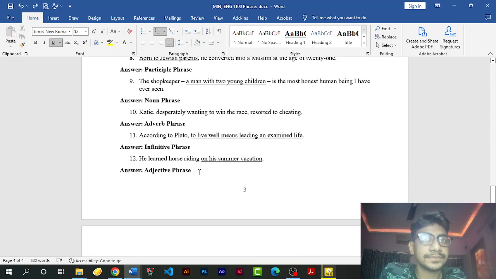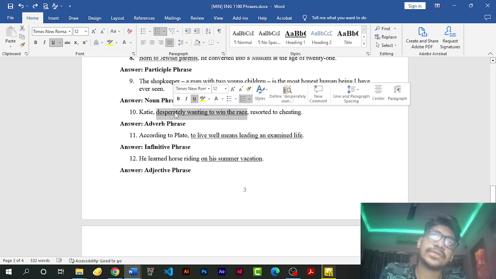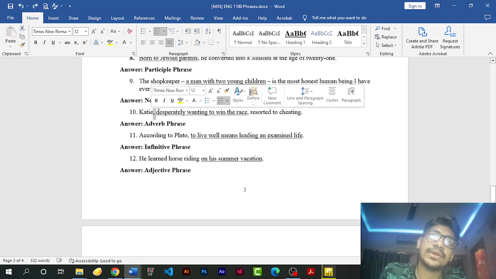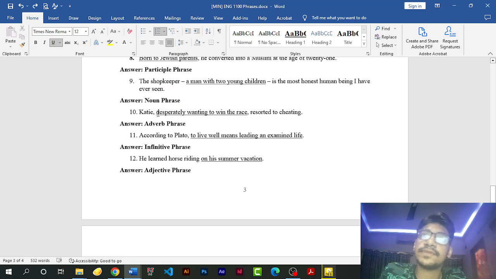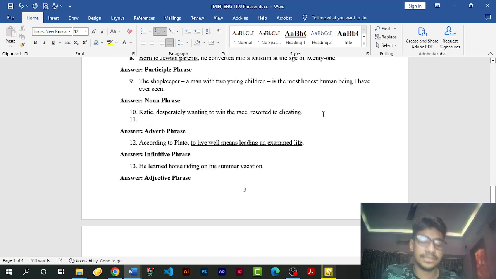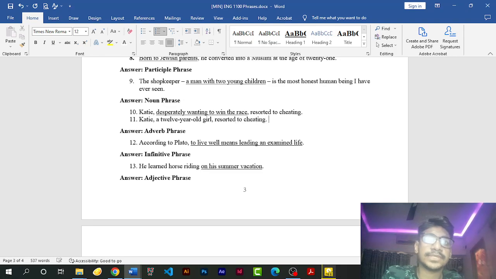Whereas here, there is no noun. It's just desperately wanting to win the race. It's not like Katie, comma, a 12-year-old, comma, resorted to cheating. If it was something like, let's write it, Katie, comma, a 12-year-old girl, comma, resorted to cheating, and this part was underlined, then it would have been what?